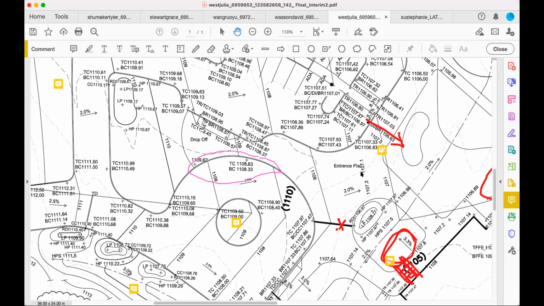I don't think so. You would need, this is a drop off. Those are all paved. This is all paved, right? Yeah. So you do have, oh, that's your lowest point of this portion. Now I understand.